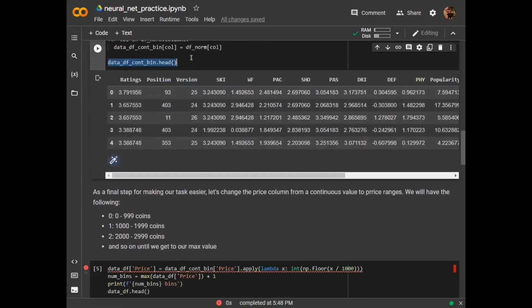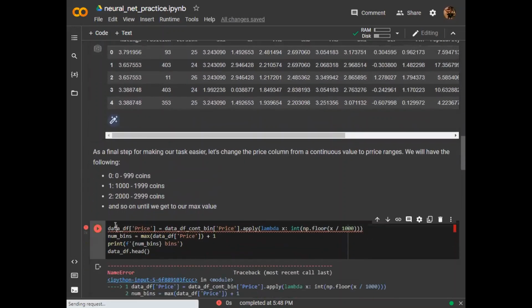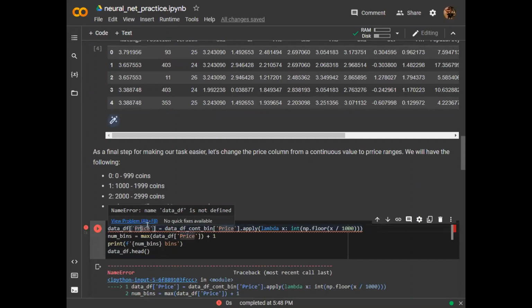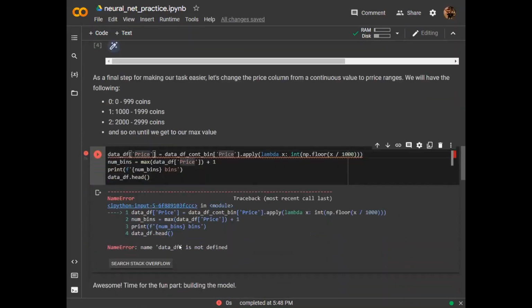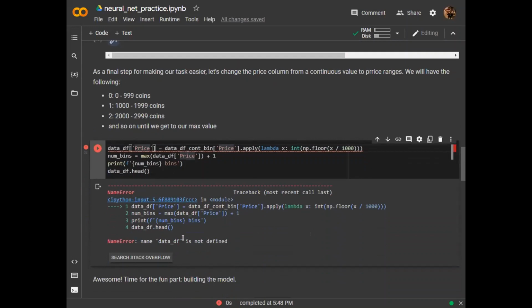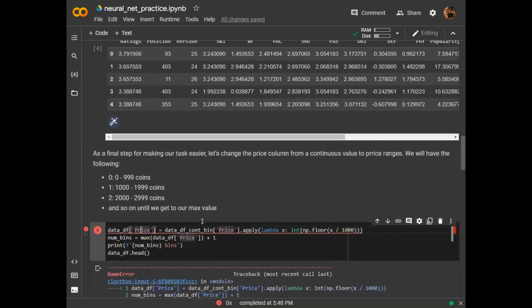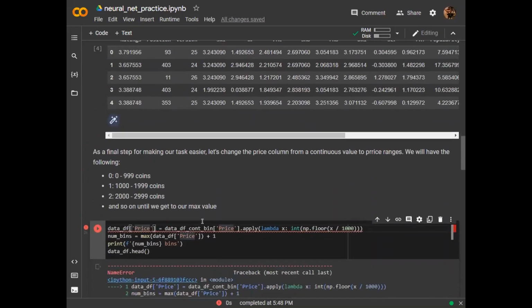Looking at both of these cells, can anyone explain why this initial assignment is not working? Yep, that's the right answer.